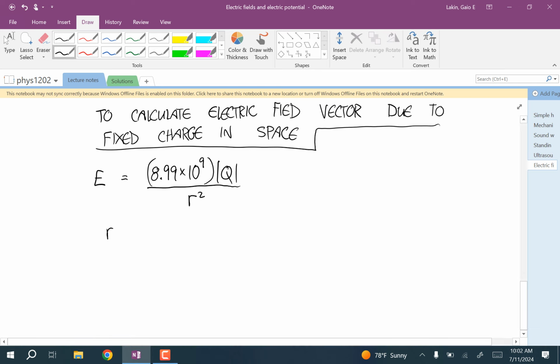So r is the distance from the fixed charge to the point where you're calculating that E value.